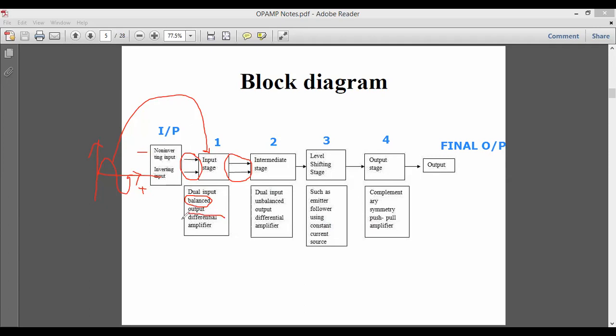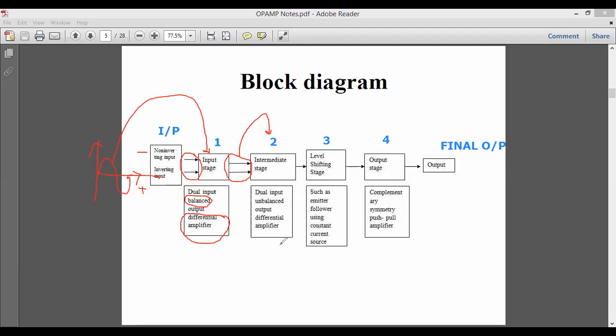What this input stage will do is find the difference for the applied signal and give you the proper result. Then once the result is obtained at this point, it will be applied to point number 2, the intermediate stage. The intermediate stage gives you a different type of operation.